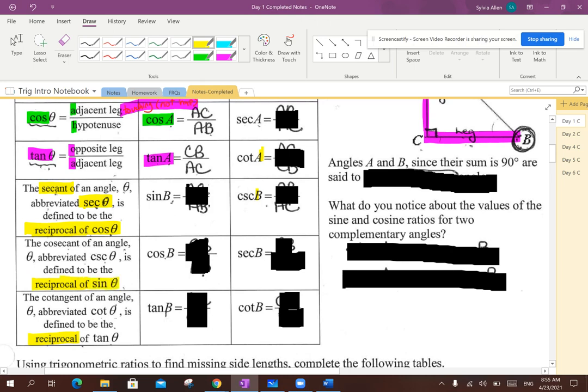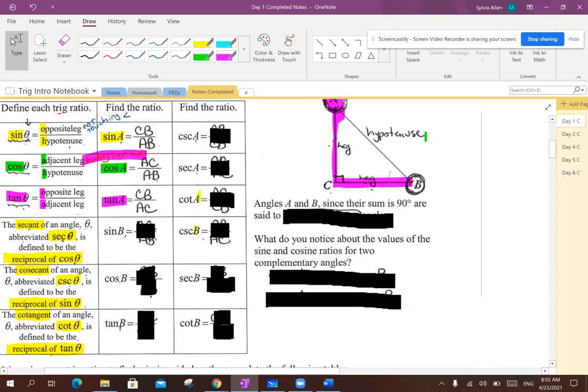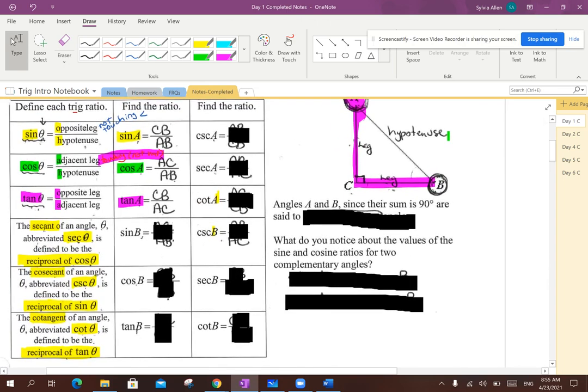The reciprocal of sine is cosecant, and it's abbreviated CSC. And then we have the reciprocal of tangent, which is going to be cotangent, abbreviated COT. Okay, so let's go ahead and finish finding the ratios now of this second column.